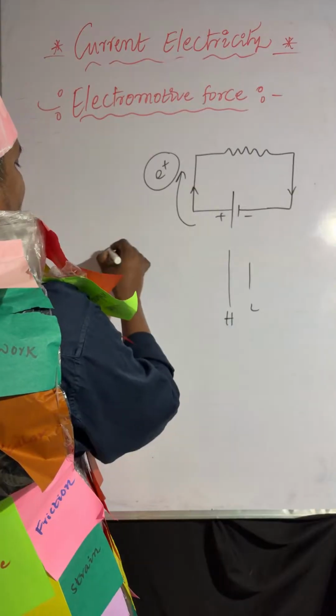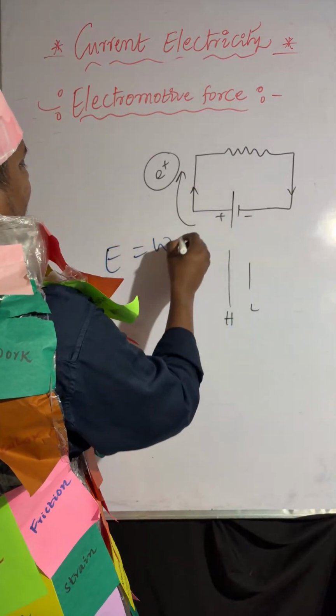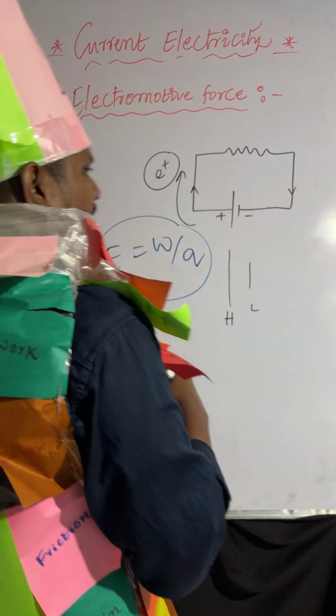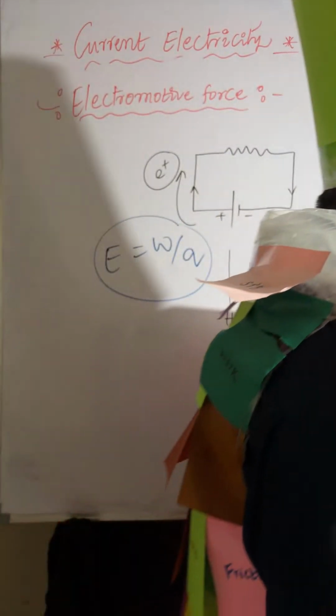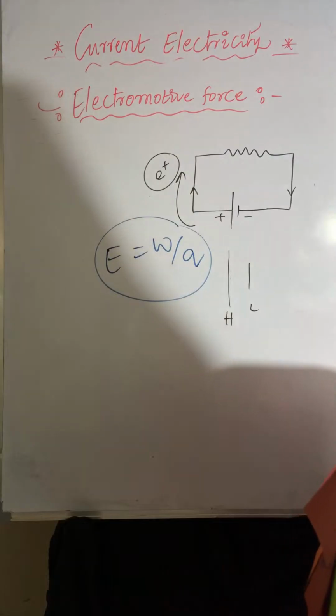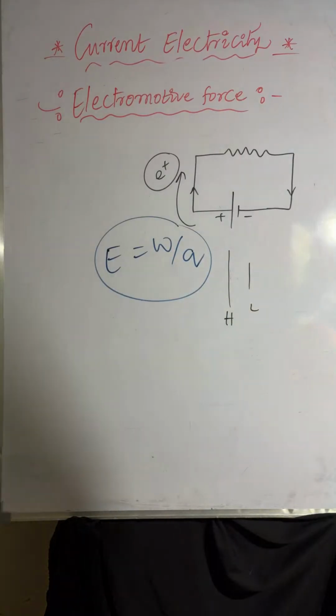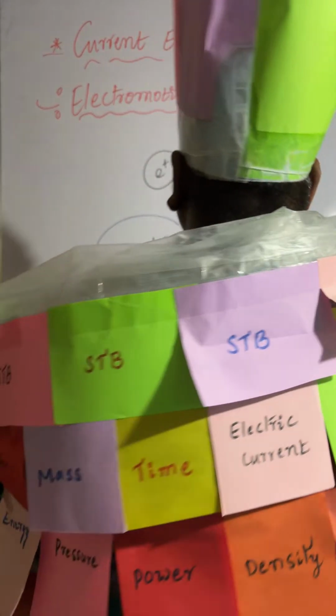So E equal to W by Q, the work done by the battery on the charge to move it, that is called EMF, electromotive force.